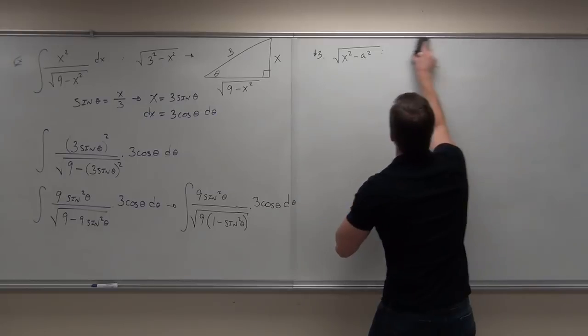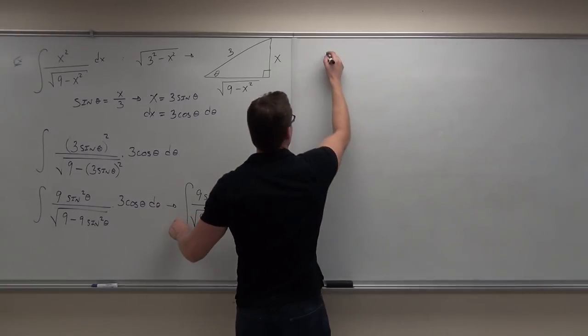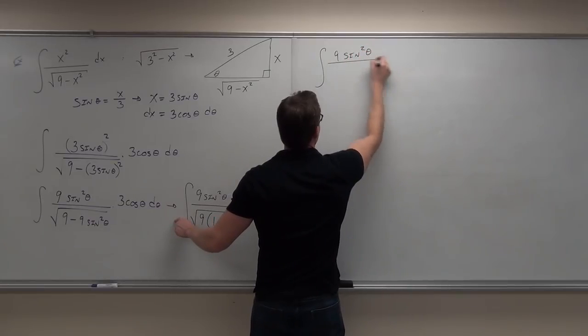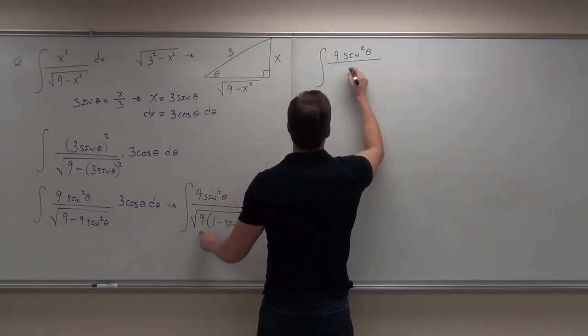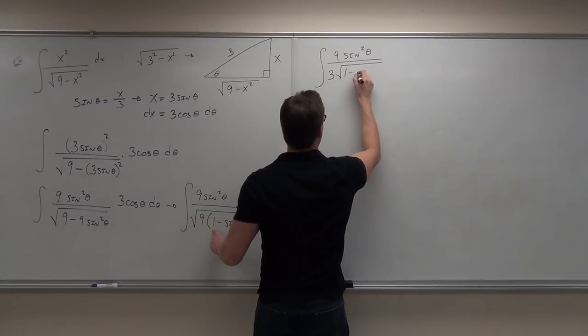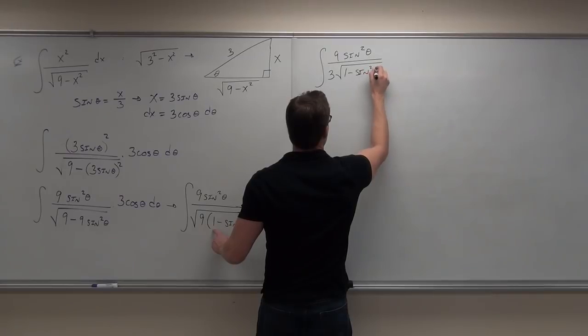So let's see if we can do this. We've got 9 sine squared theta. What's the square root of 9? 3. And then the square root of 1 minus sine squared theta.